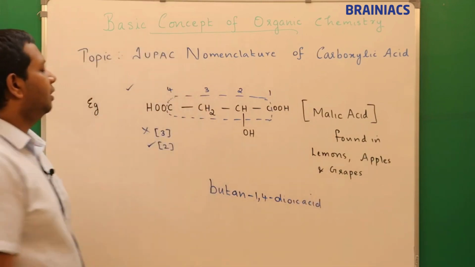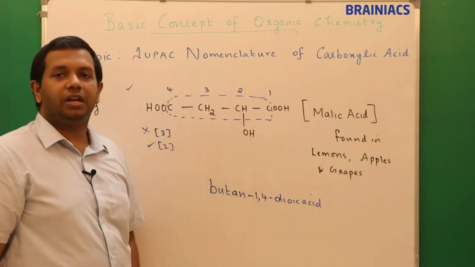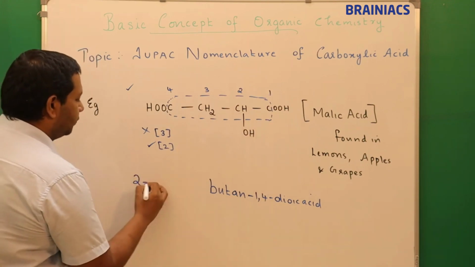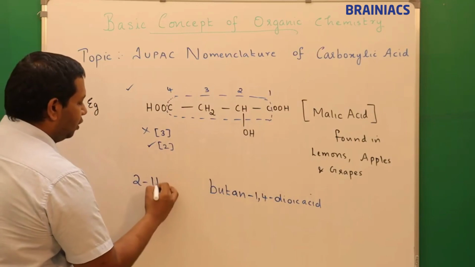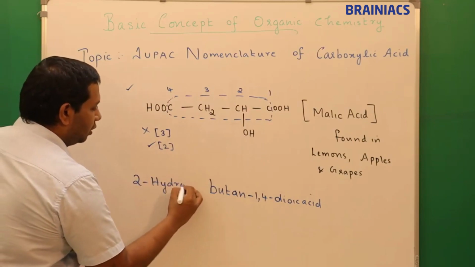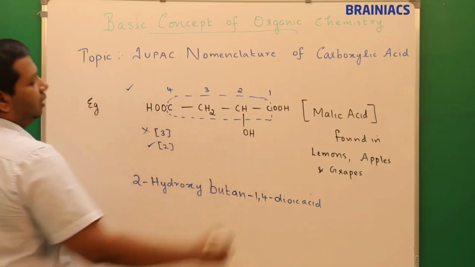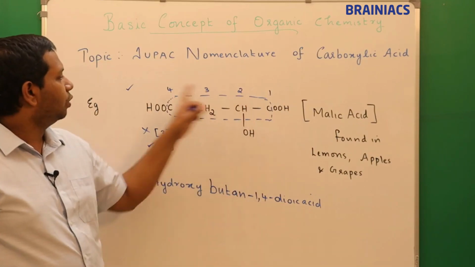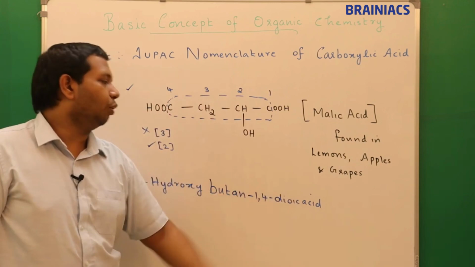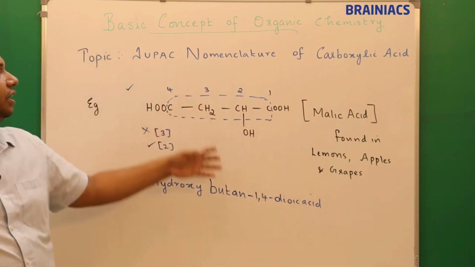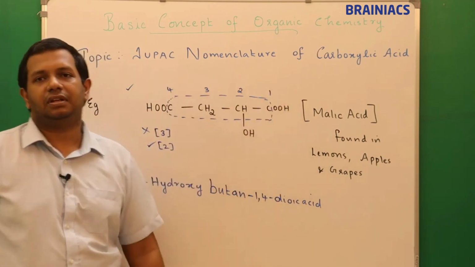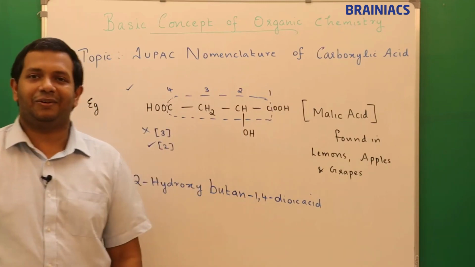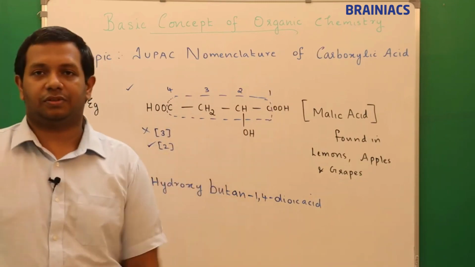That is completed. Now there is a secondary prefix, so I can say 2-hydroxy butane 1,4 dioic acid. This is the IUPAC name of malic acid. Understood? So please be careful while doing the naming. Okay, so we'll go to the next question.